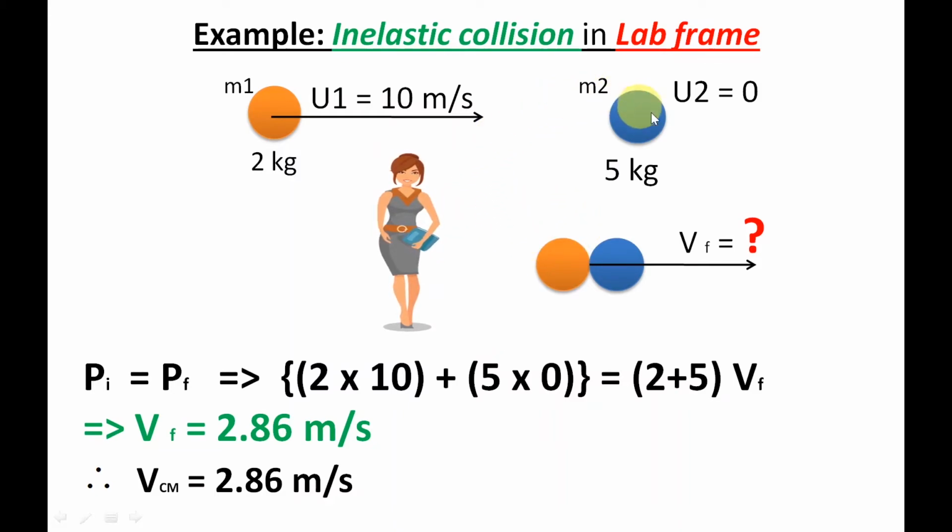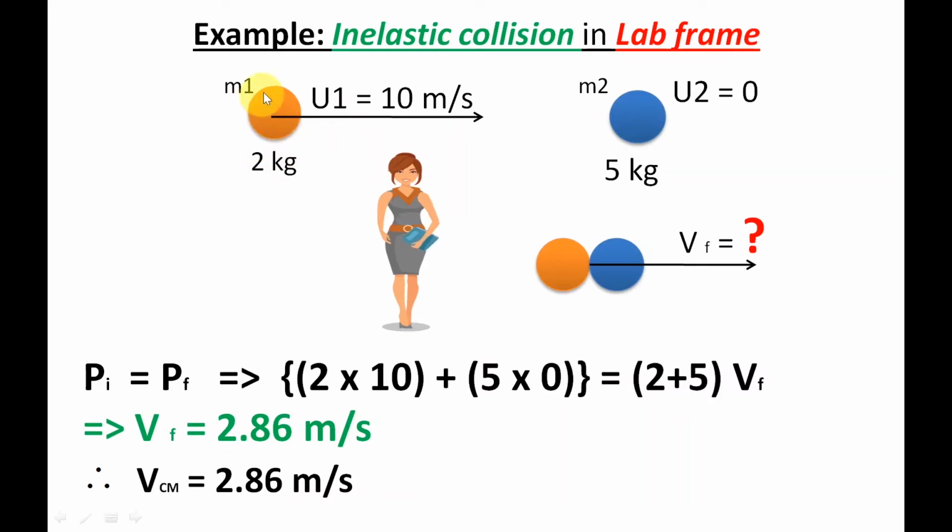To find the final velocity after collision, the formula we can employ is based on the fact that, whether it is an elastic collision or an inelastic collision, one condition is mandatory: the momentum will always be conserved in both cases. So according to the law of conservation of momentum, the initial momentum of the two bodies before collision will be equal to the final momentum of the two bodies after collision.